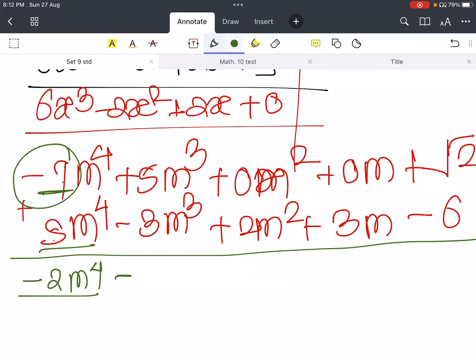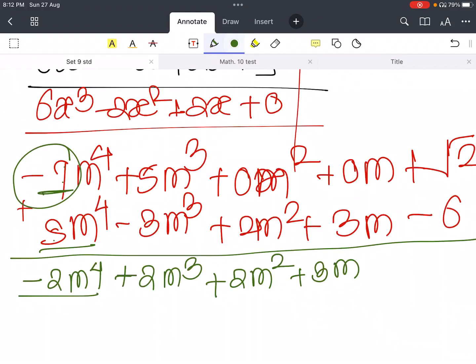Next one, plus 5 minus 3 becomes plus 2m cube. Obviously 0 plus 2 is 2m raised to 2. Next, 0 plus 3 is plus 3m.